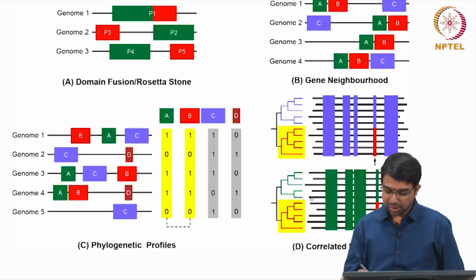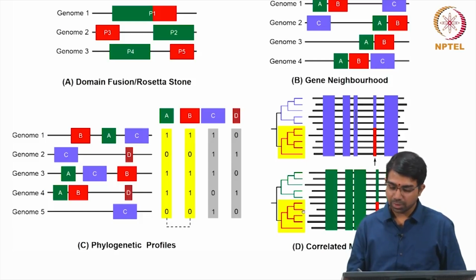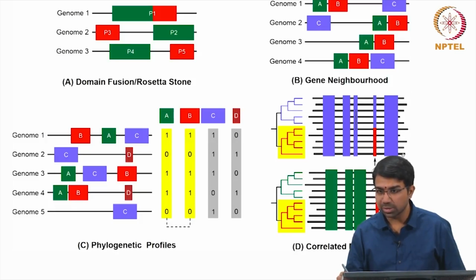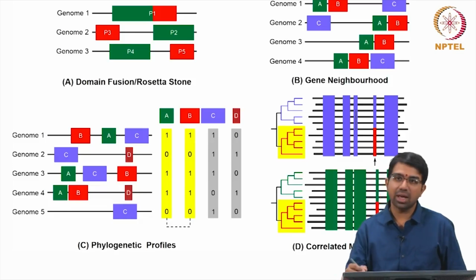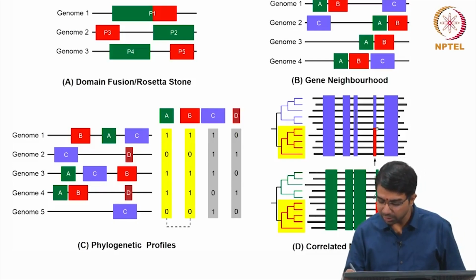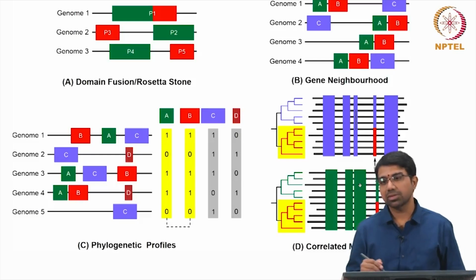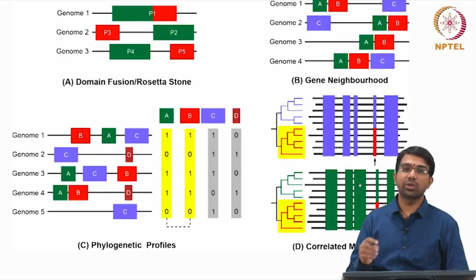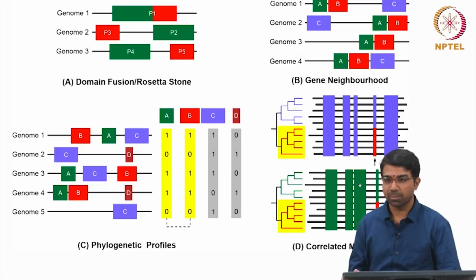And what you find is there are 2 such families of proteins. So, 1 2 3 4 5 6 7 8 9 10 sequences in family 1, 10 sequences in family 2, and they are multiple aligned, right. But what you find is that whenever you have a mutation in this family, there is a mutation in this family as well, meaning to say there is a correlated mutation between these 2 families.